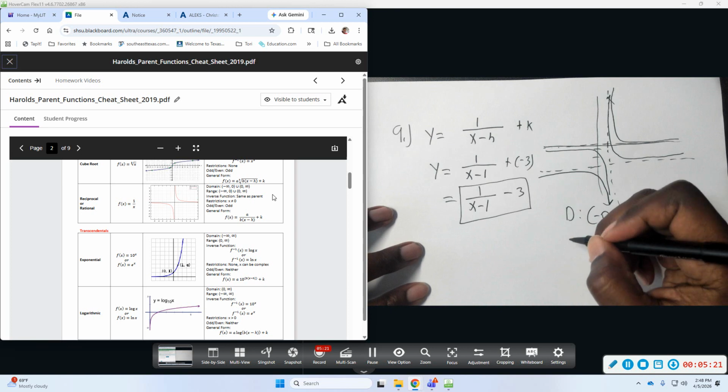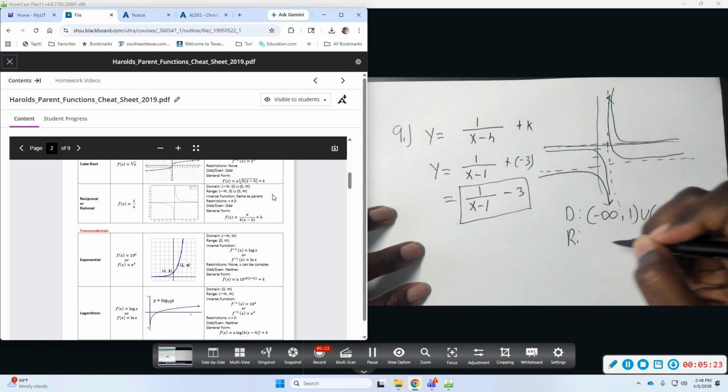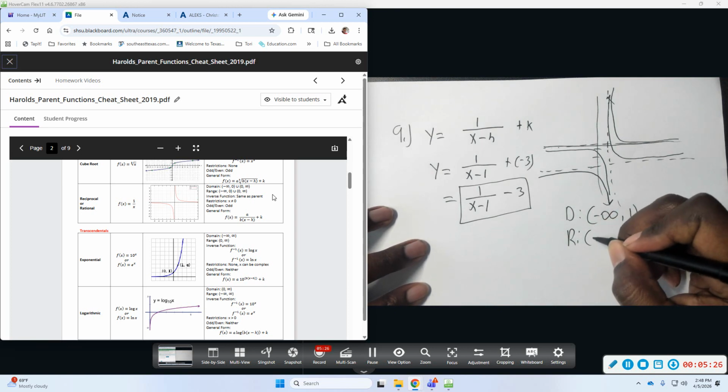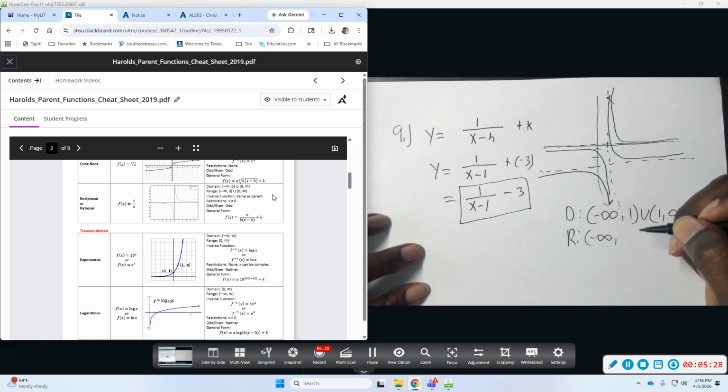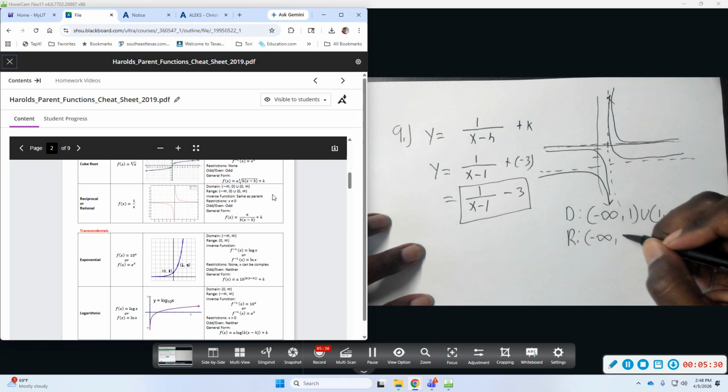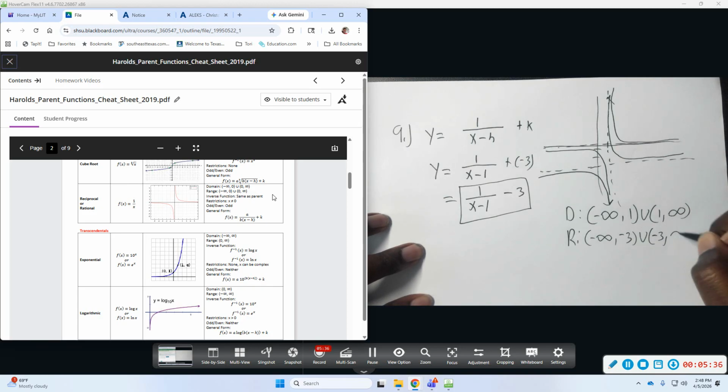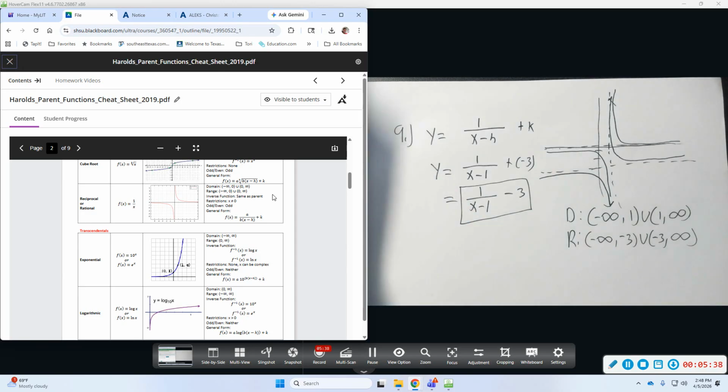And so my range is going to be negative infinity and then up to -3 because we got shifted down 3. Up to -3 to infinity. So whenever we have a transformation, it's just going to shift whatever our range and domain values are.